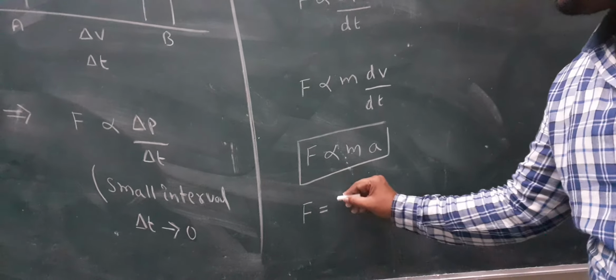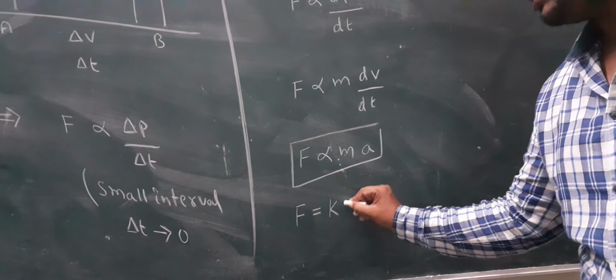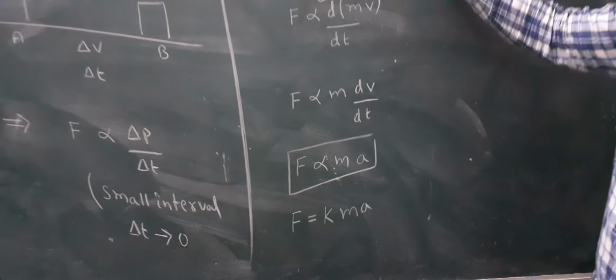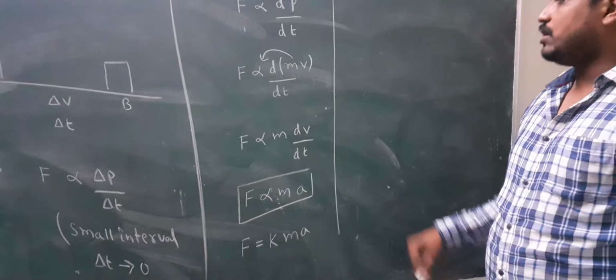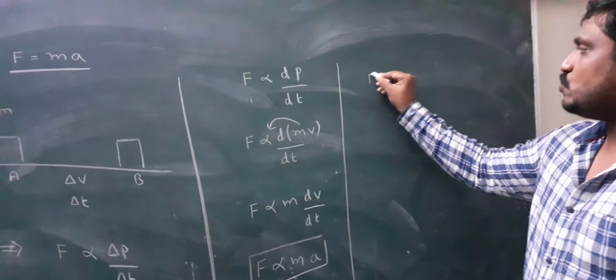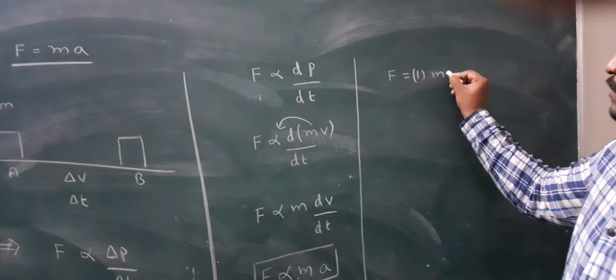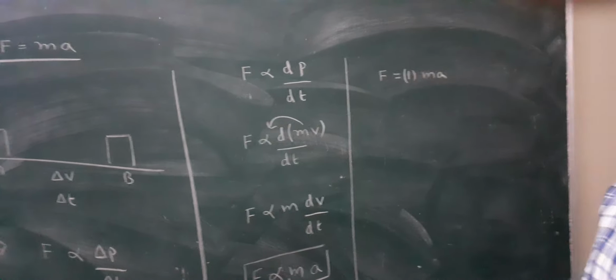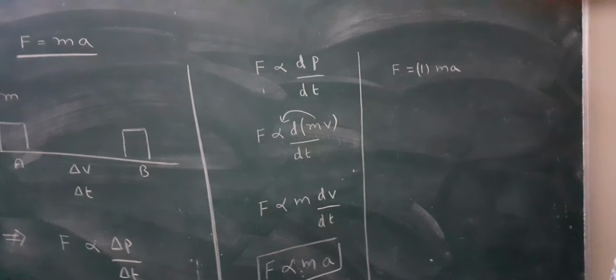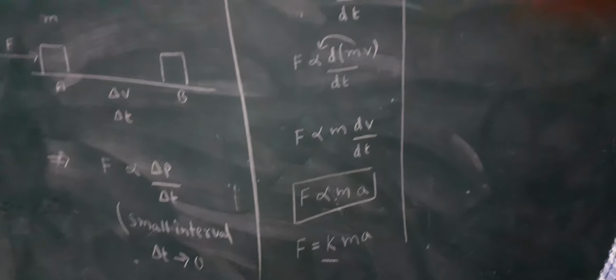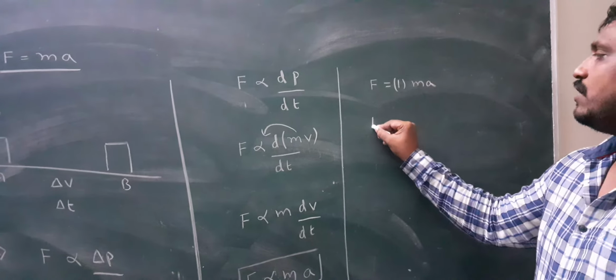Removing the proportionality, we write a constant: F equals kma. We know that the experimentally determined value of k is 1. That's why 1 into ma. Again, the statement: the proportionality constant is experimentally determined to be 1.